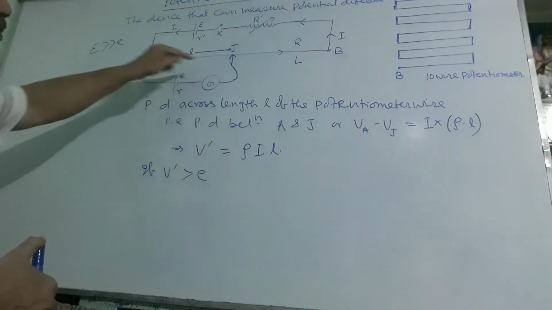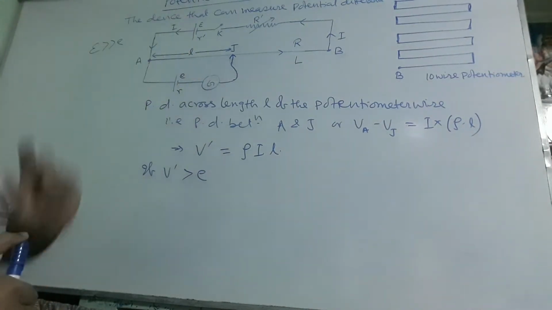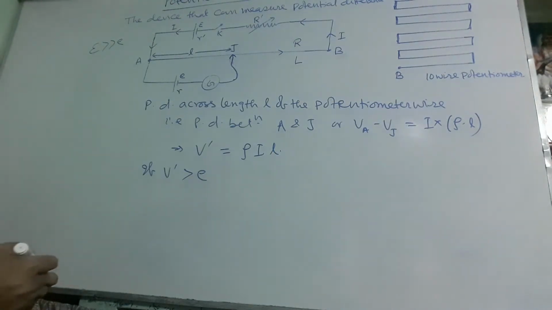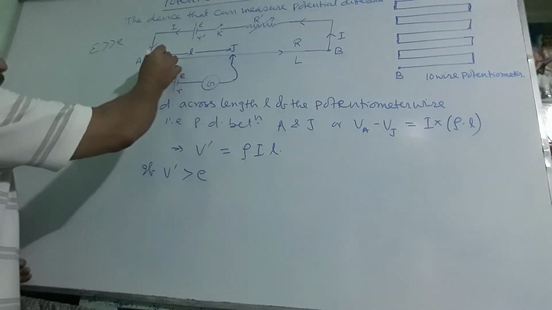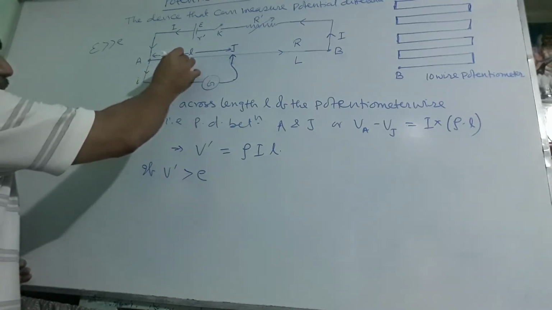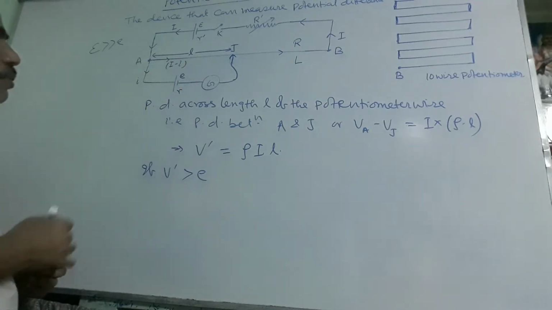Here this potential difference is more, so naturally some current will start passing through this. So here current will become I minus I, and here it will be I.